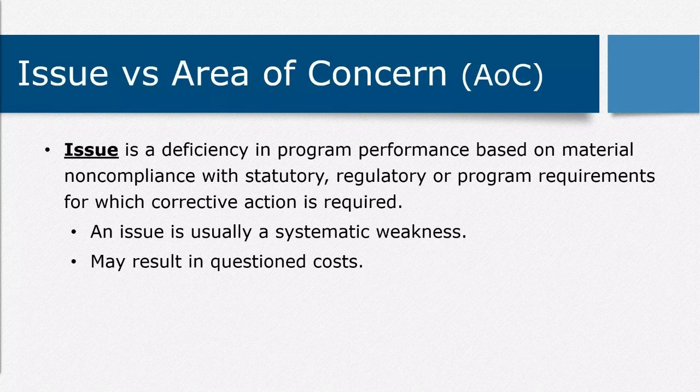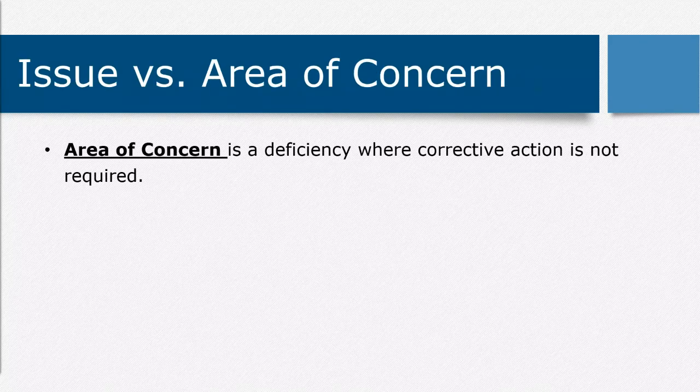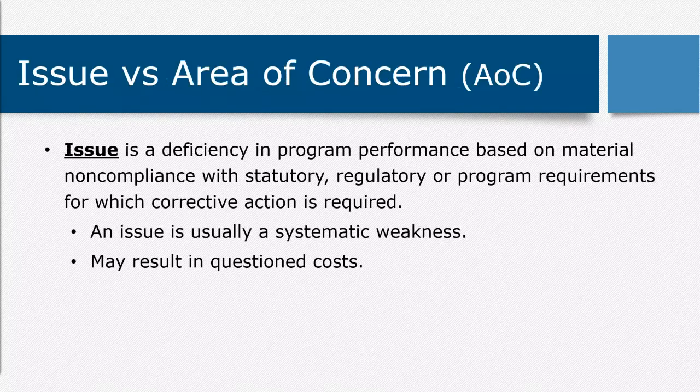Usually, they relate to a systemic weakness, and they may result in questioned costs. Issues usually result in the grantee submitting documentation to audit resolution based on the recommendation in the report. This can take the form of revised policies, training agendas, and sign-in sheets, or remitting the amount of the questioned cost. This will be covered in more detail in the audit resolution section, which Ruth is going to do.